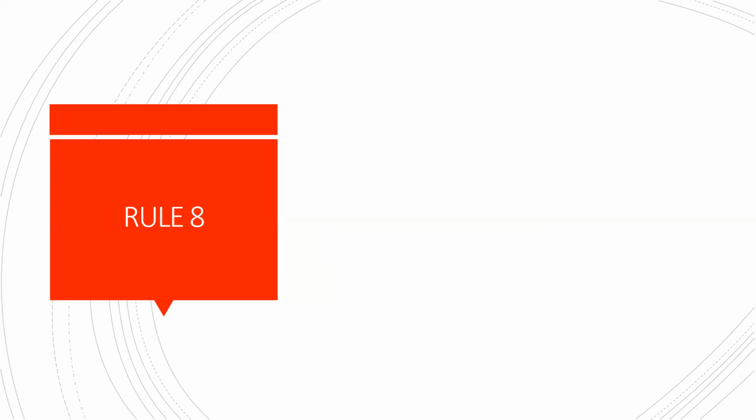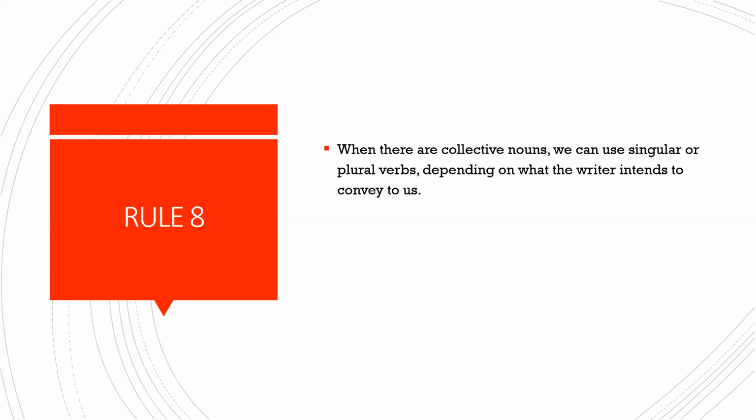Clear? Rule number 8. When there are collective nouns, here's another way many students make mistakes. So be very careful with this one too. When there are collective nouns, we can use singular or plural verbs depending on what the writer intends to convey to us. Tricky? Of course it is. But with a lot of practice, you'll get it.